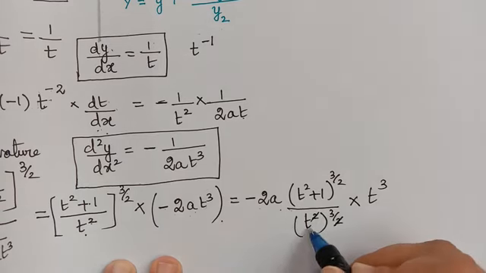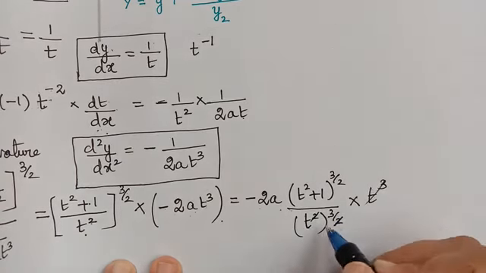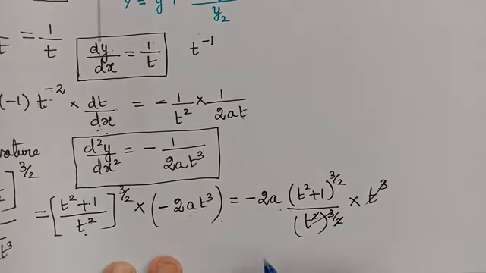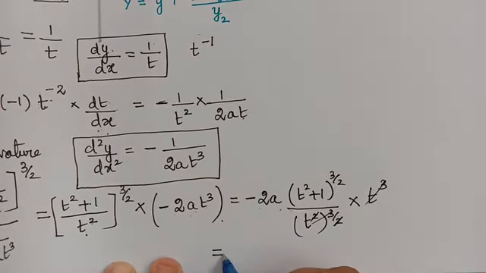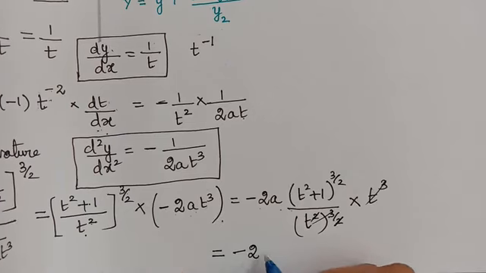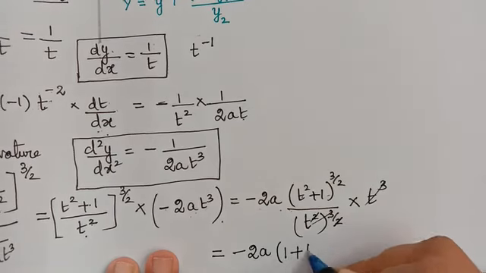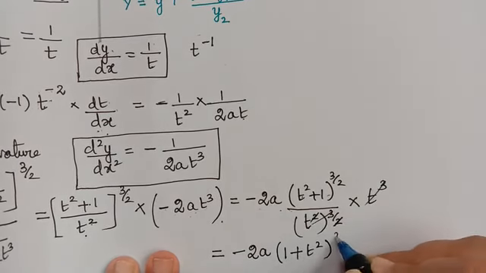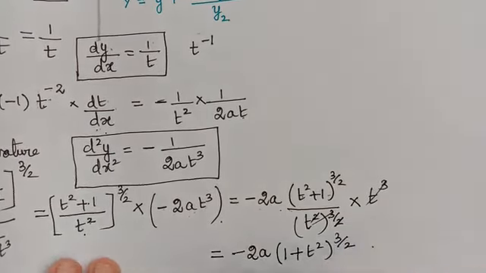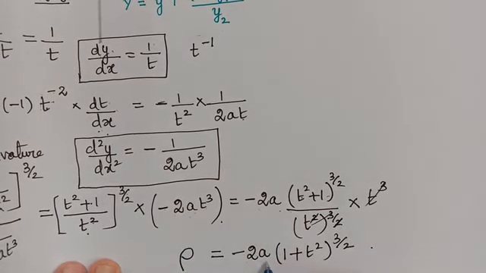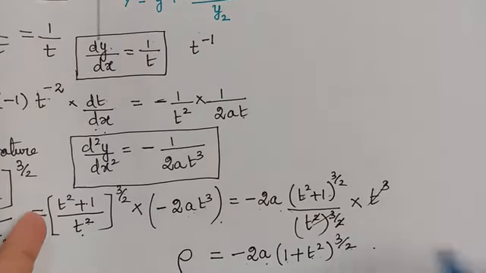Similarly here we have t cube and here also we have t cube, so these two terms will get cancelled, and finally we will be left with minus 2a multiplied with, this can be written as 1 plus t squared to the power of 3 by 2. And so our radius of curvature rho is equal to minus 2a multiplied with 1 plus t squared the whole power 3 by 2.